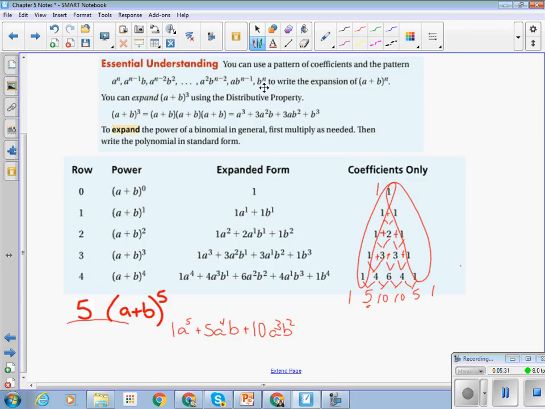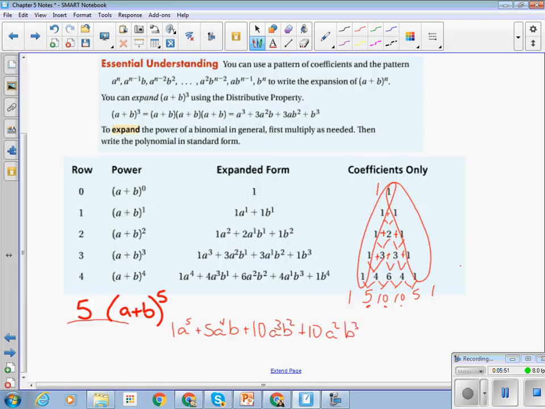So this is a to the 5th, a to the 4th, a to the 3rd. So a's are decreasing each time we write, b's are increasing each time we write. And then we have our 10. A is going to decrease by 1 power. B is going to increase by 1 power.